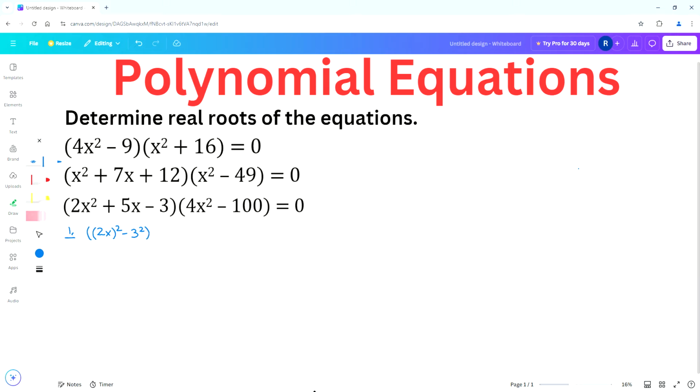We cannot simplify the second factor because there is no sum of squares factoring method. Next, we can break up the first factor using difference of squares factoring method.